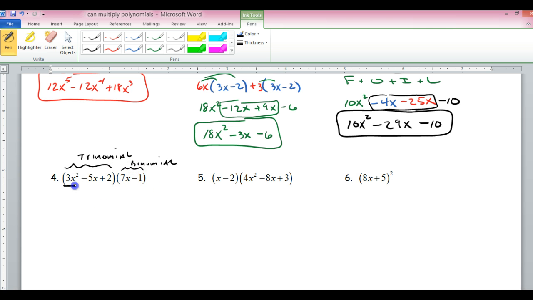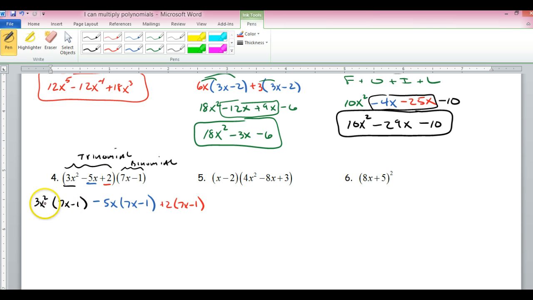So we take the first term, 3x squared, and distribute it to the 7x minus 1. Next we pull out the negative 5x and distribute it to the 7x minus 1. Then we pull out the last term, 2, and distribute it to 7x minus 1.